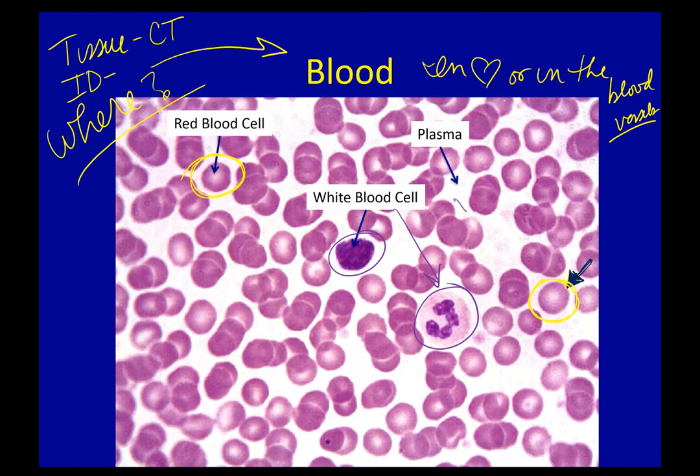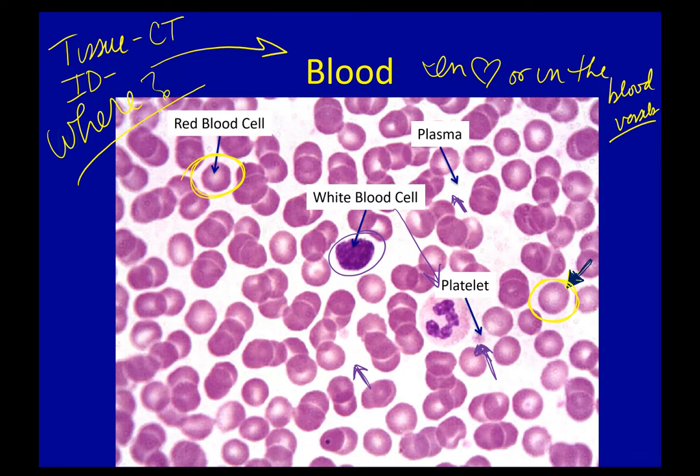You also have the fluid that the cells are floating inside of. That is the plasma. So if I point and there's nothing there on a blood cell slide, I'm pointing to the fluid. And then finally, we've got these little dudes here. These are platelets.